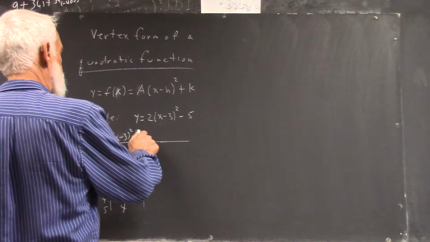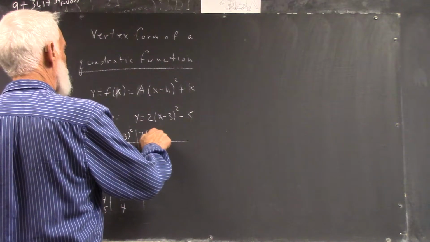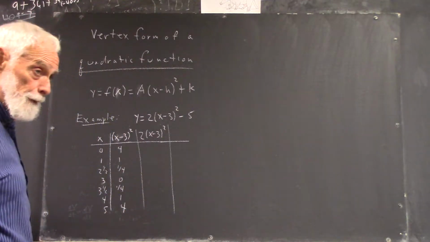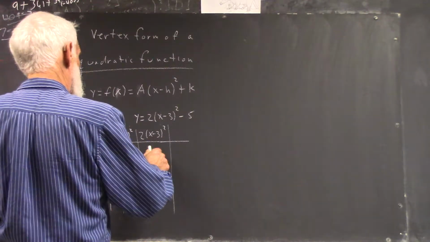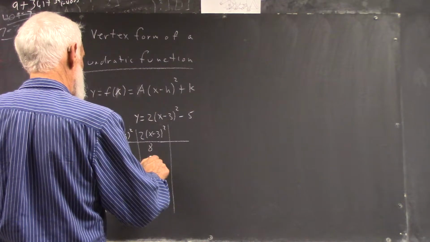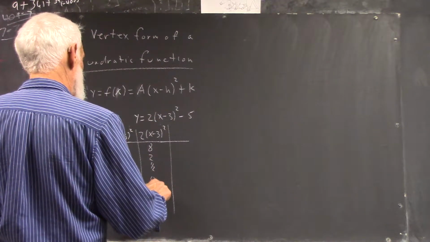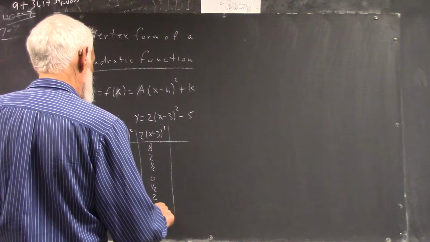Then we can do 2 times x minus 3 squared, and that gives us 8, 2, 1/2, 0, 1/2, 2, 8.